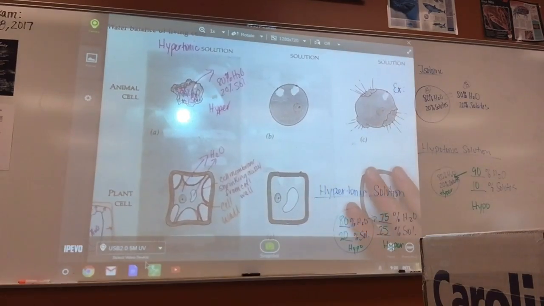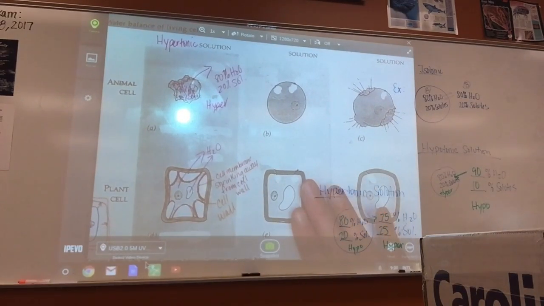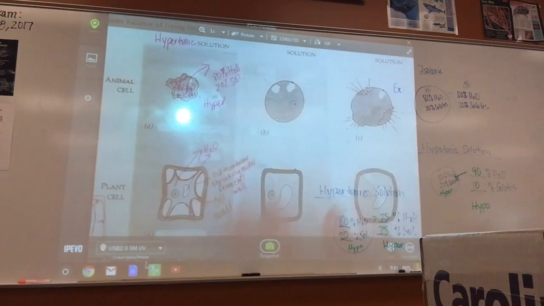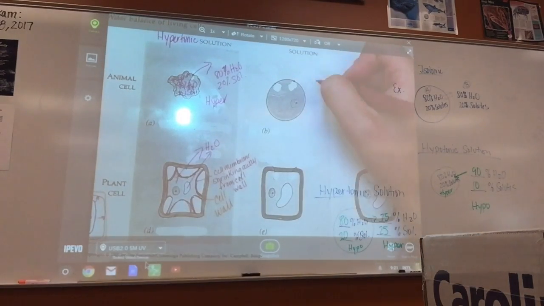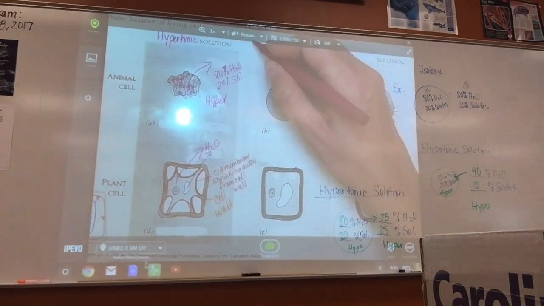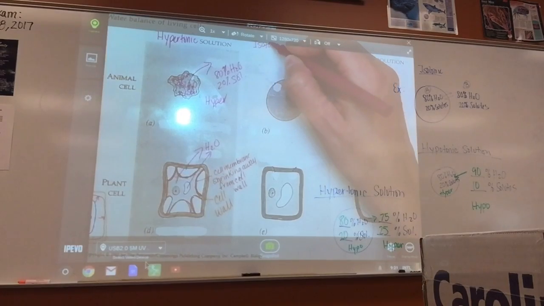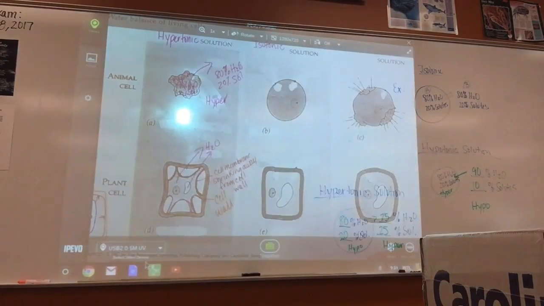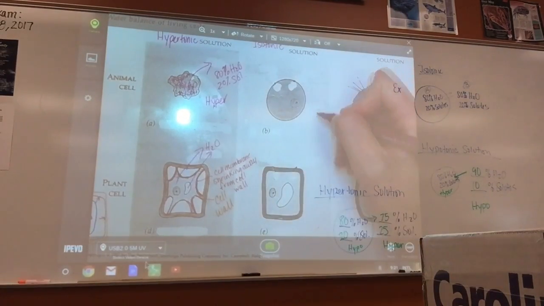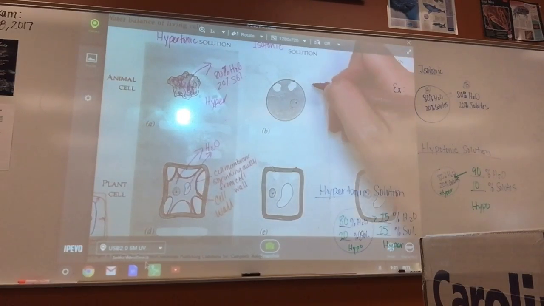So then let's look at the next solution. So this is hypertonic. So this solution either needs to be iso or hypotonic. Which one is it? This one is isotonic. So what does that mean? If the cell is put in an isotonic solution, the concentrations are equal, and the solution outside the cell than inside the cell.